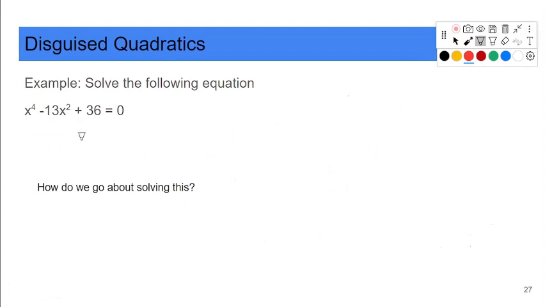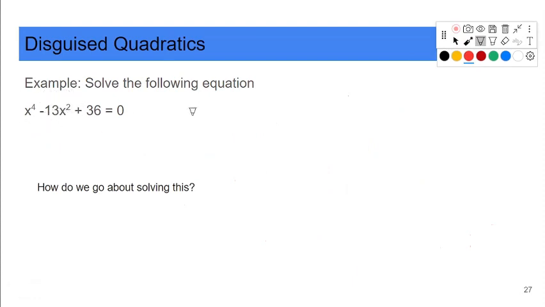Yeah. So this one is a pretty easy disguised quadratic. This is pretty much the easiest that they come, I suppose, because it's obvious. These two powers have a difference of 2.